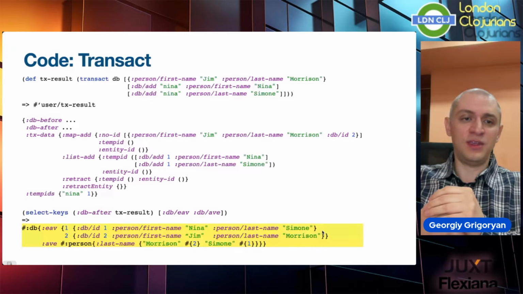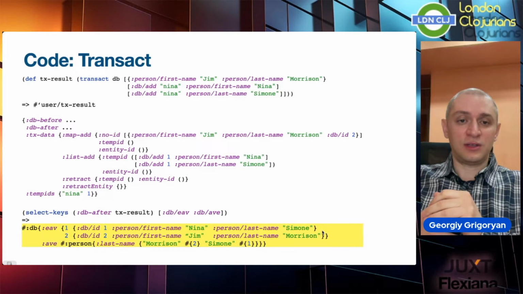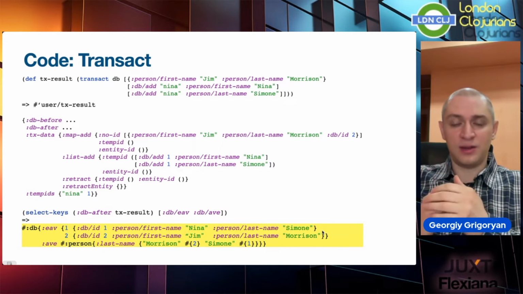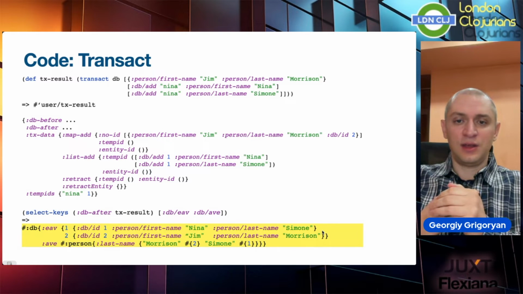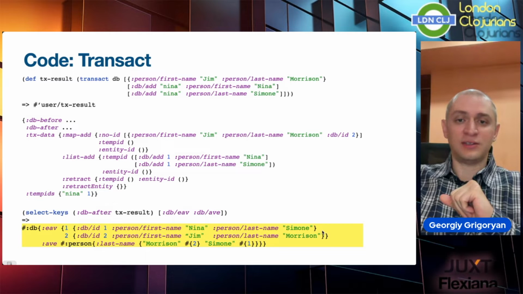So in the EAV index, we have two entities that you see there, Nina Simone, Jim Morrison, and then we see the person last name. We see that attribute has already been indexed. Transact took care of that. So we see that the last name Morrison is held by entity ID 2. And so there's a set there with just one entity ID in it. And Simone is that value with entity ID of 1.